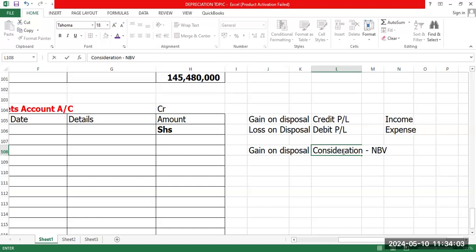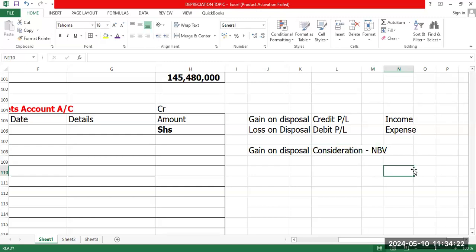Here we don't use tax written down value. Tax experts, don't bring your taxation into accounting. Here we use net book value, and you will see how we get it.